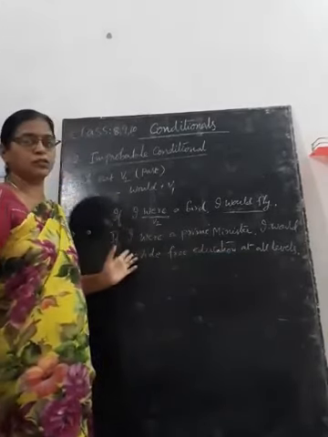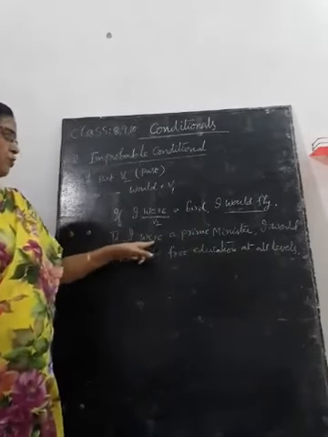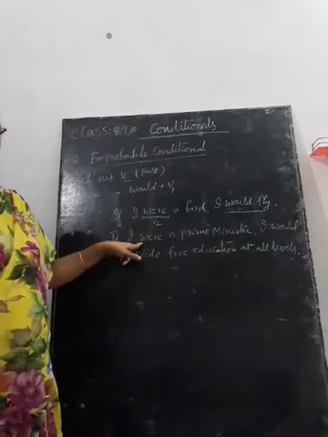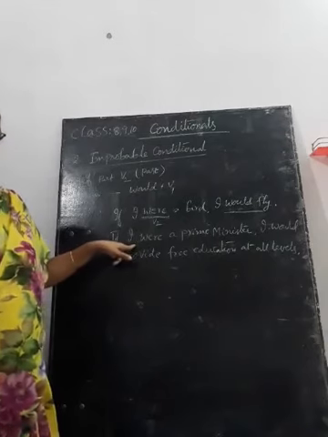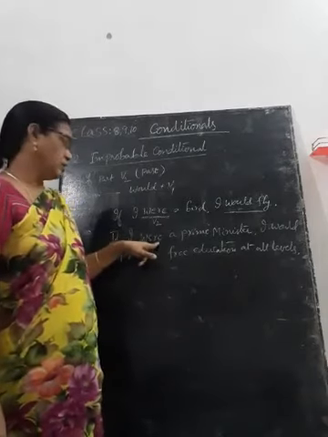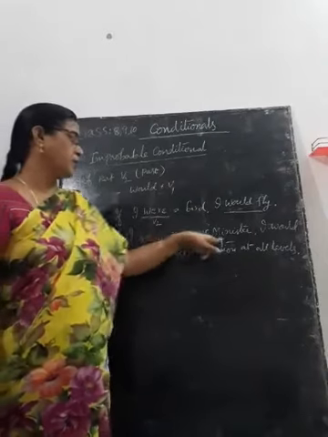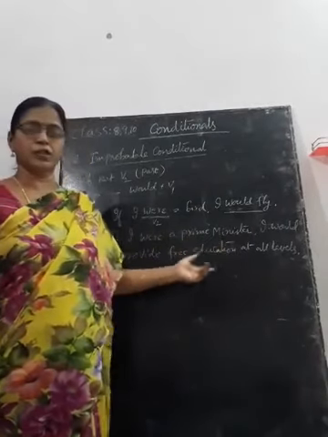It is an imaginary situation, it doesn't happen. If I were a prime minister, so in imaginary sentences, even after a singular subject we have to use the plural form were. You have to remember this point, students. If I were a prime minister, I would provide free education at all levels.